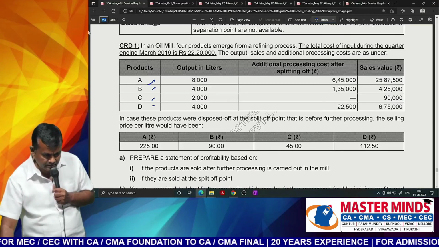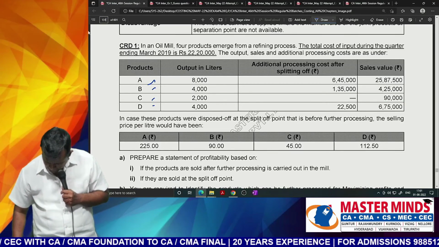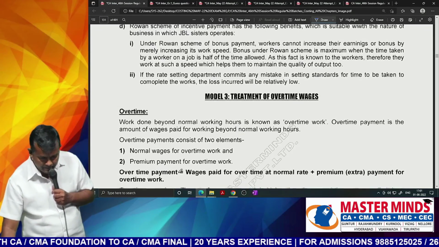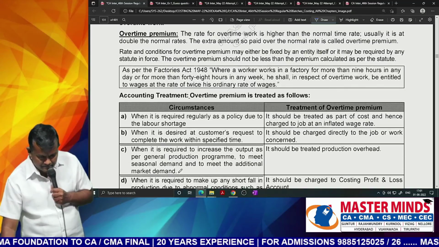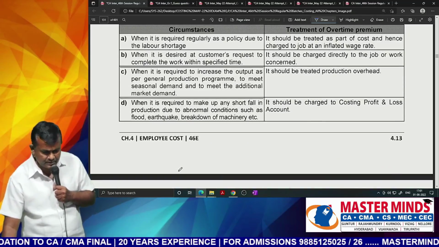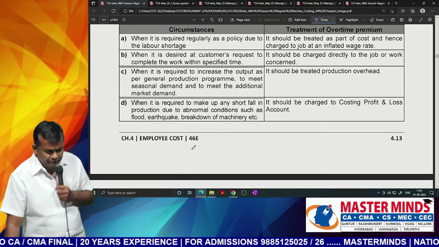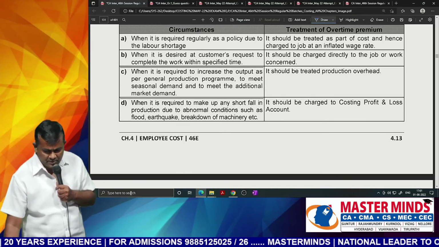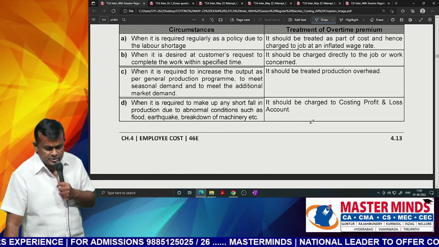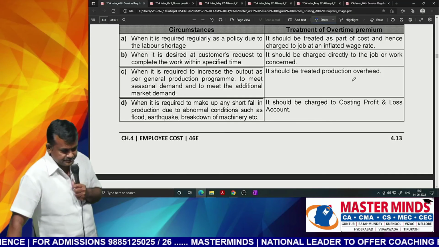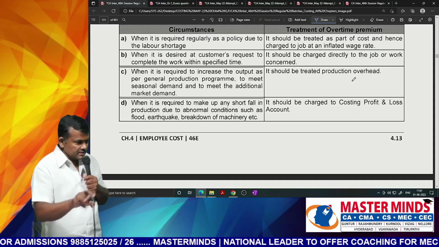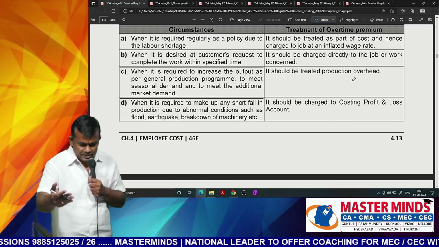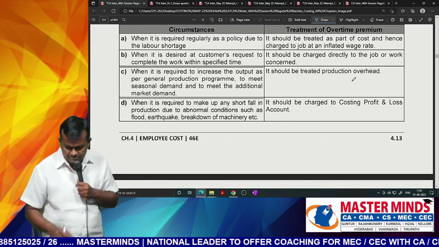So this is the overtime circumstances. When it is required regularly as a policy due to labor shortage, it should be treated as a part of cost and charged to job at an inflated wage rate. Already 3 cases are done in the problem. So here 4 cases, same.